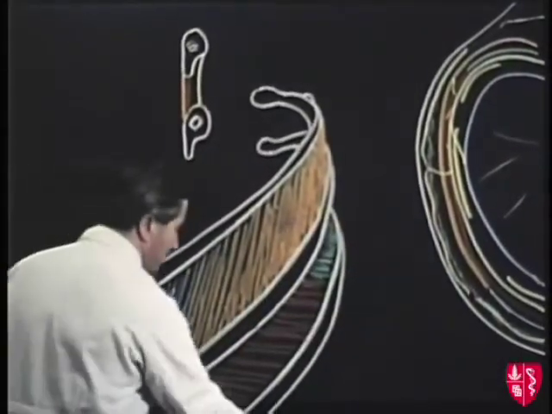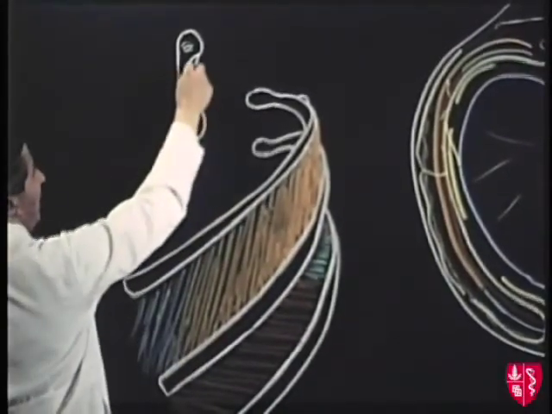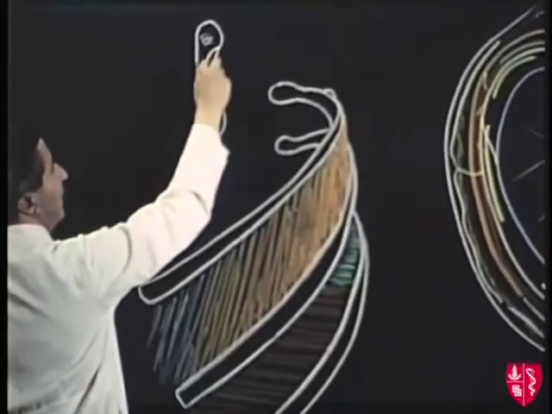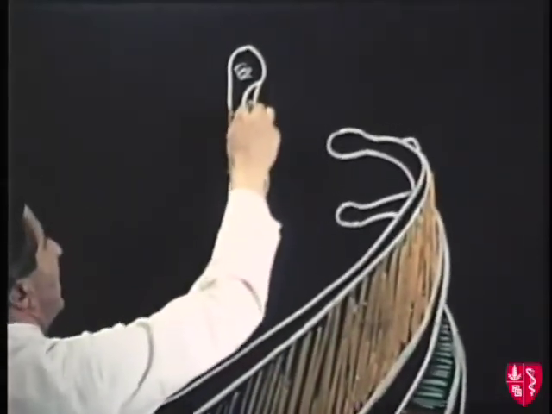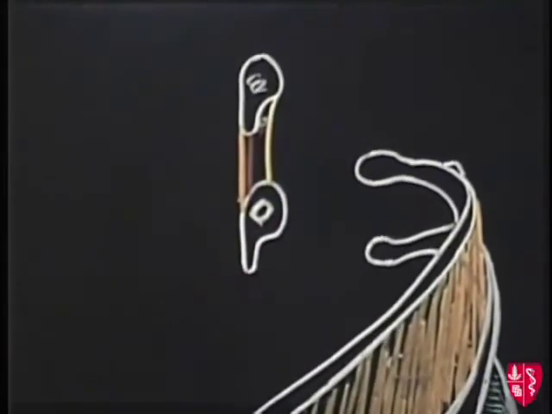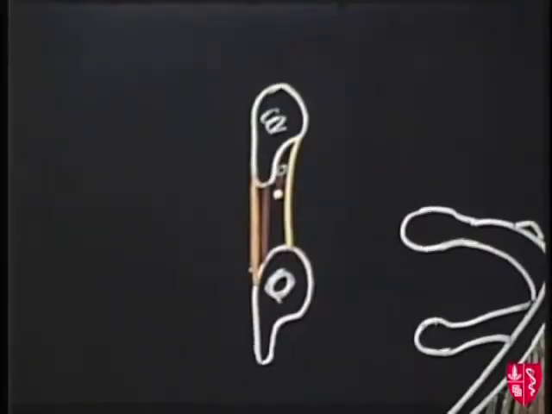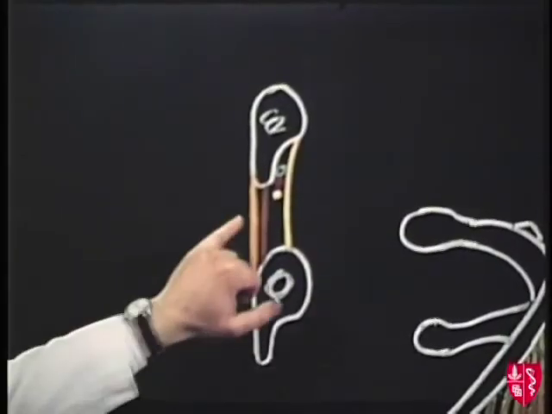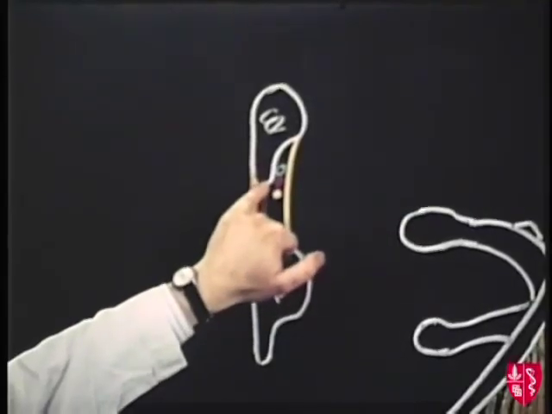Now the vessels and nerves are situated in this interval, and they have this order from above downwards. The vein is above, the intercostal artery is below, and the intercostal nerve lies below that. And it is important for you to realize that the intercostal nerve lies hard up against the rib above.